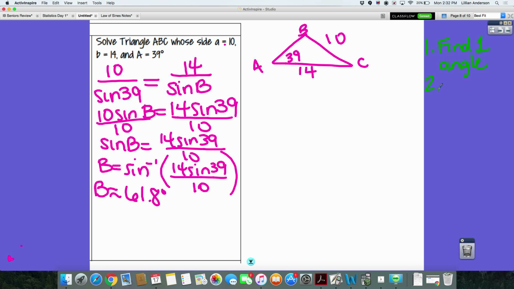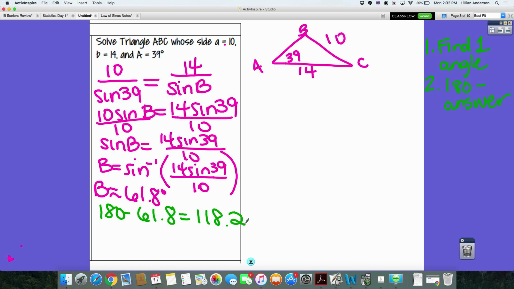Then the next thing you do is you take that answer and you subtract it from 180. That's the next thing you do. You take the angle that you just found and you subtract it from 180. Okay? So let's do that. 180 minus 61.8. 118 point what? 0.2.